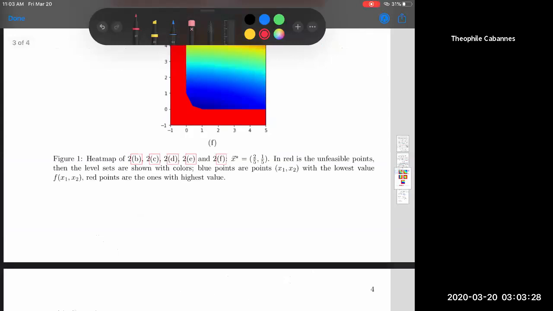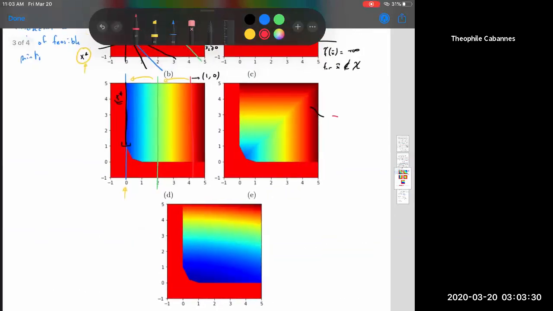So for E, here are the level sets. What you expect from the drawing is that the constraints x1 greater than 0 and x2 greater than 0 are not active.